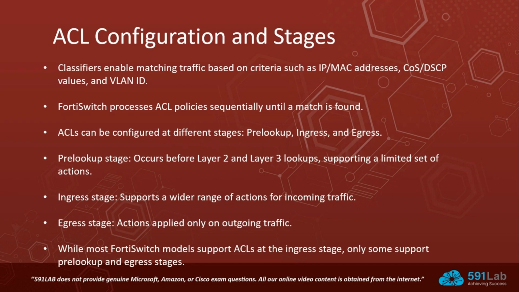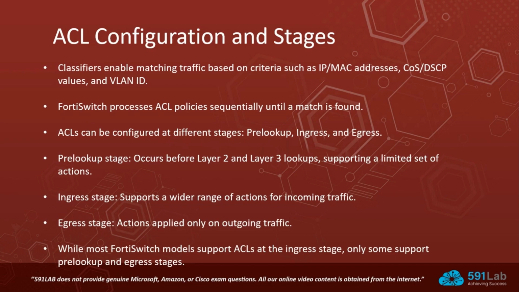To match traffic on ACLs, you configure classifiers. Classifiers enable you to match traffic using multiple criteria such as destination and source IP addresses, destination and source MAC addresses, COS and DHCP values, and VLAN ID. FortiSwitch checks ACL policies from top to bottom until it finds a match.